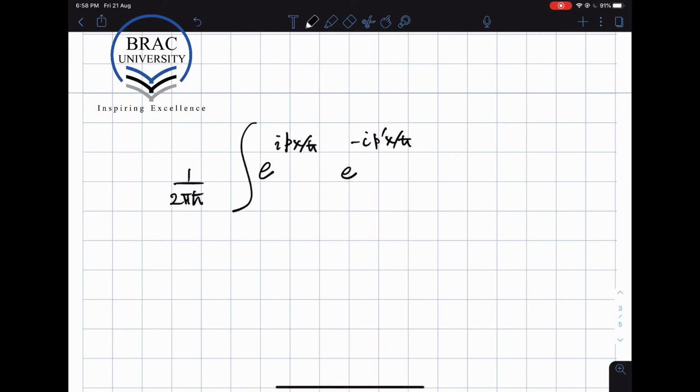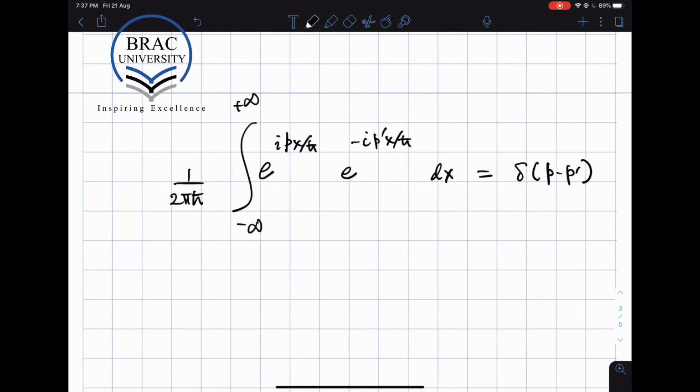And then if I integrate this, say from minus infinity to plus infinity over dx, then that is given by the Dirac delta function. And this is what we mean by the normalization of plane waves.